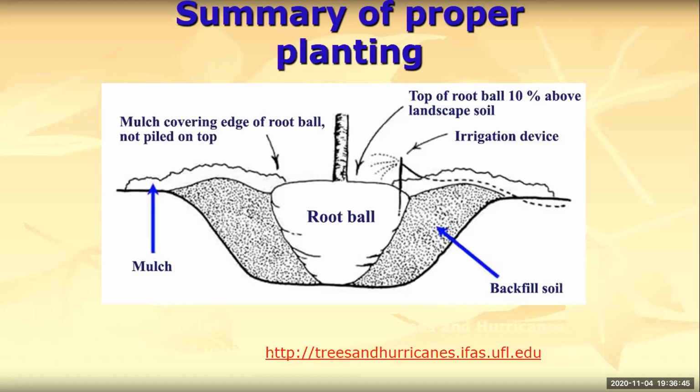Balled and burlapped trees usually contain some soil and fertilizer from the nursery, and the roots are going to find themselves in the surrounding soil. I've always been told that can cause shock in the young tree, so it's good to mix the backfill soil with some of the soil in the root ball.